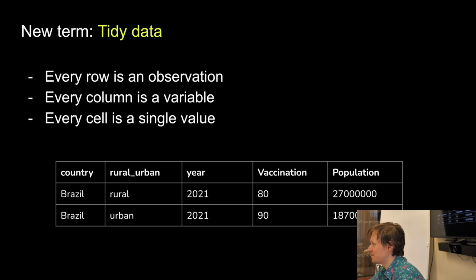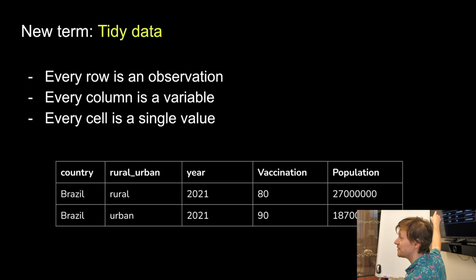And the first meme that I'd like to introduce today is called tidy data. So you've maybe heard clean data, but tidy data with capital T is something that researchers have come up with to represent data in a predictable way so that it can be visualized easier with different tools. What is it?